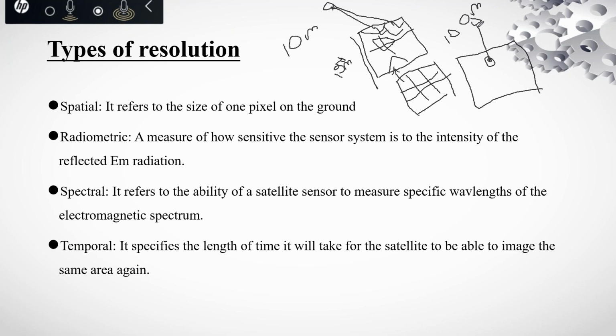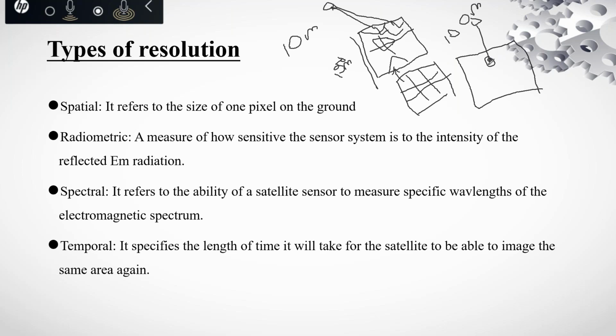So it is basically the time between the next visit of the satellite over the same place. So if it's longer, then we would be getting fewer images of the same place in a shorter duration of time. So it should be within a specific range.